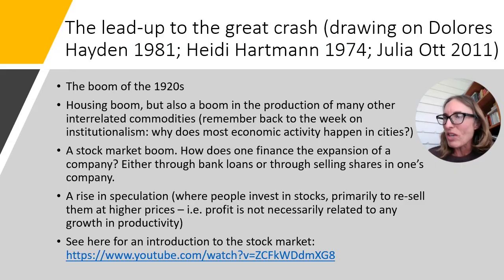So if a construction company, a housing producer, wanted to produce more housing, one might need to finance that through the purchaser's mortgage, and the purchaser would need to find credit through the banks, or if one wanted to expand a vacuum cleaner company's production, one might do so through selling shares in one's company.